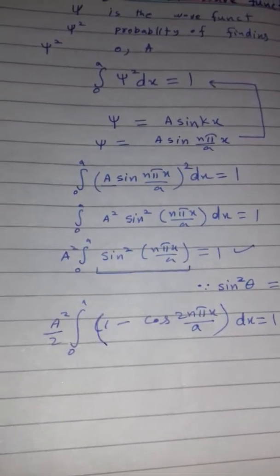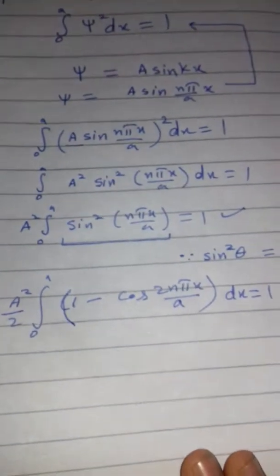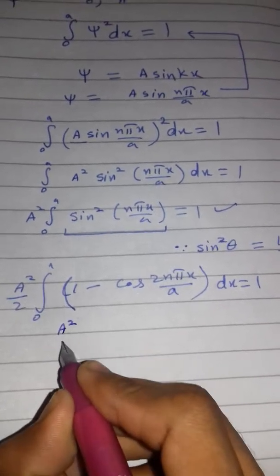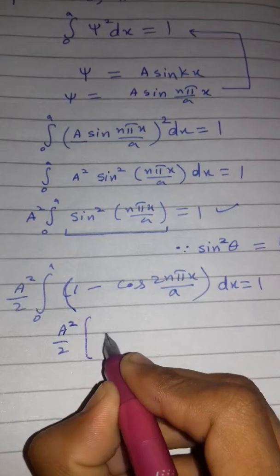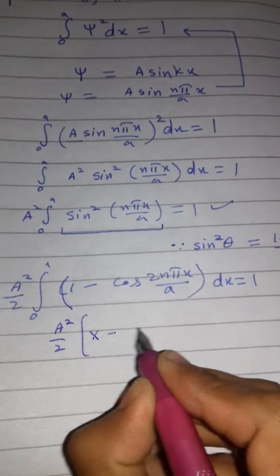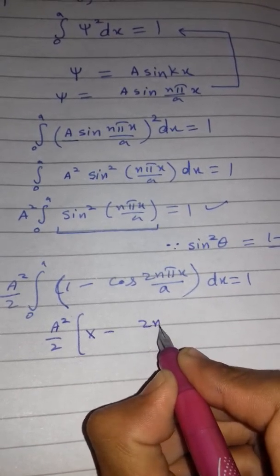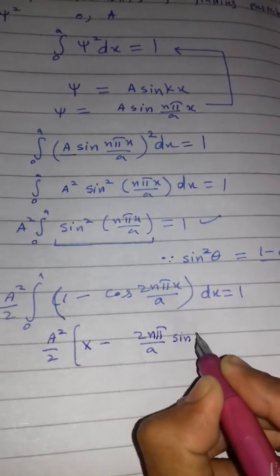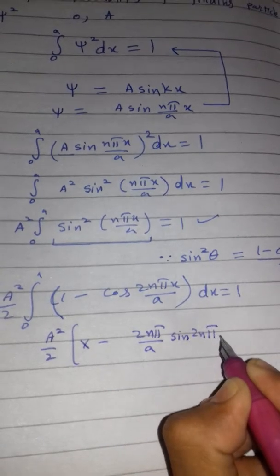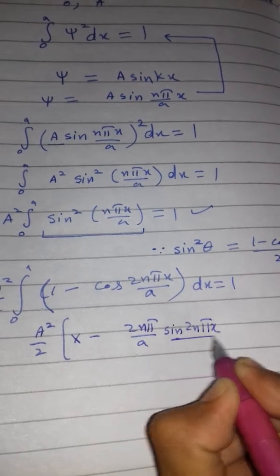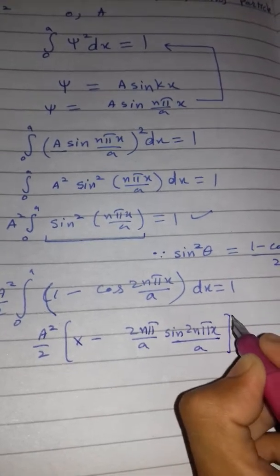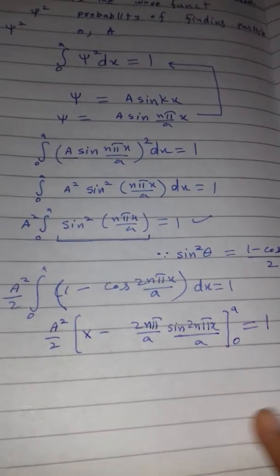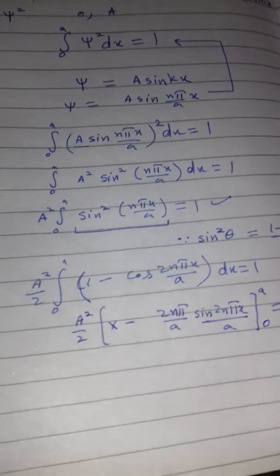Now next we apply the integration: A²/2 times [x minus (a/2nπ) sin(2nπx/a)], and the integration is from 0 to a. You should be good at integration.